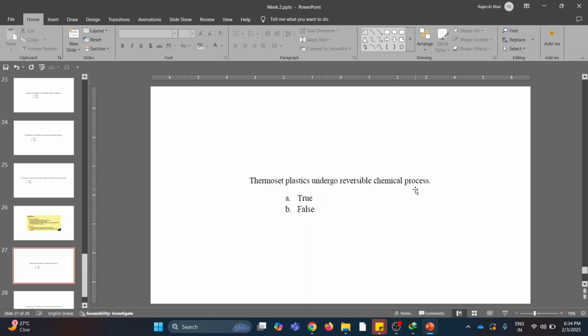So let me just check one thing about camphor.